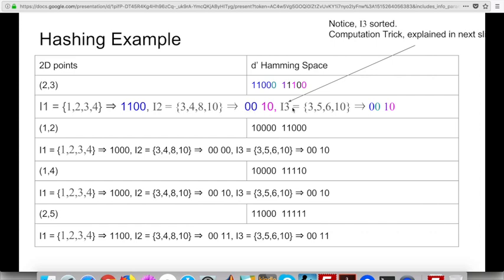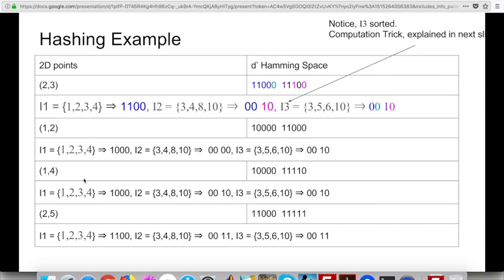I will do this for the last time here. So 3, 5, 6, and 10. We need to pick the bits at index 3, 5, 6, and 10, which should give you 0, 0, 1, 0. This again indicates that this point, 2 and 3, will be hashed in the third hash table at index 2.